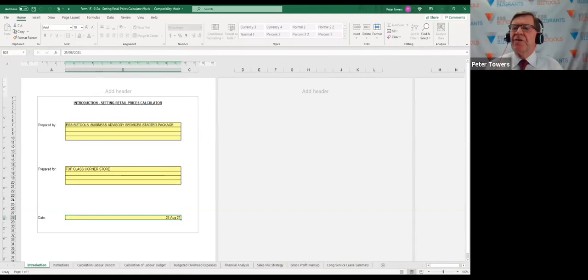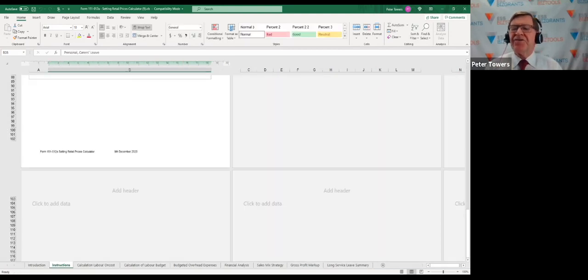And what I'm bringing up for you is the product package for the calculation of retail pricing. I've already set this up for you, so I can just explain it to you. So I've called it Top Class Corner Store.